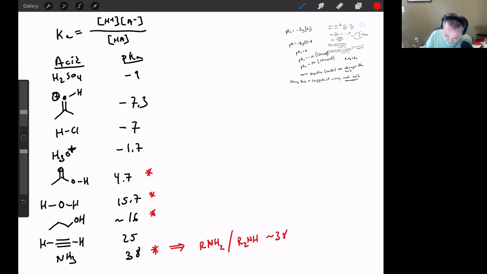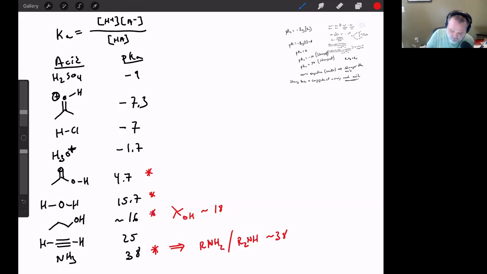Same thing with alcohols. The strongest alcohol is about 16. The weakest alcohol is about 18. So the range of acid strengths for alcohols is 16 to 18 on the pKa scale. In other words, water is always a stronger acid than any single alcohol. A carboxylic acid is significantly stronger as an acid than neutral water is.